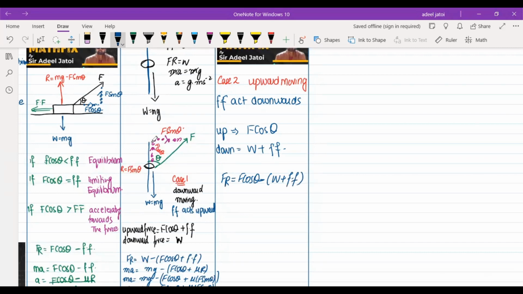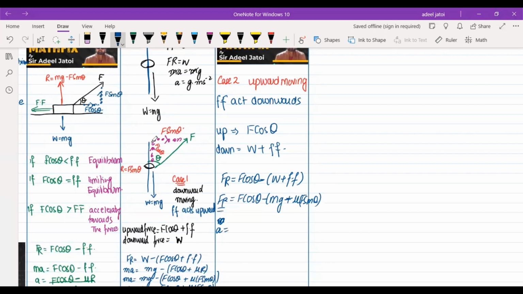And the frictional force is what? FR is equal to F cos theta minus mg plus mu, and your resultant force is again F sine theta. Resultant force is F sine theta. So FR is what? ma, right?